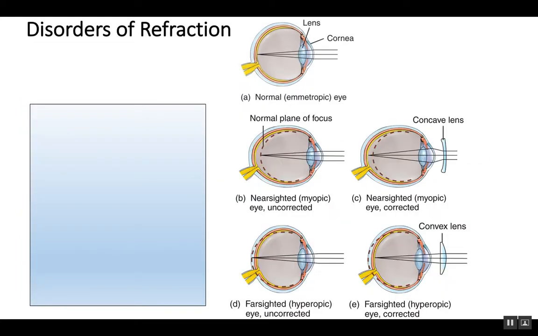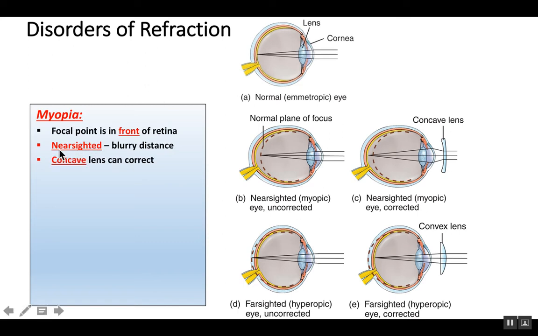Next thing I want to talk about are some refractory disorders. These are the most common causes of blurry vision. We're going to be using these images and compare them to that emmetropic eye, that normal eye. The first refractory disorder is called myopia.